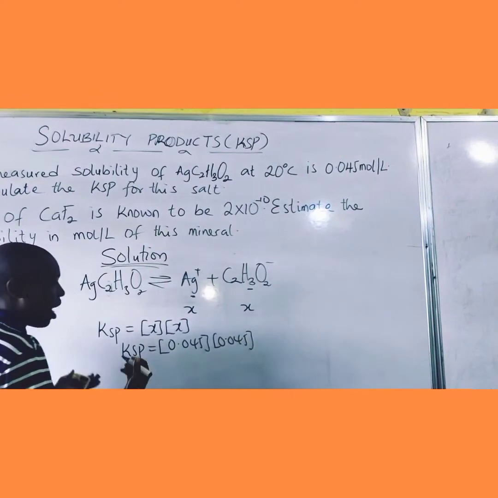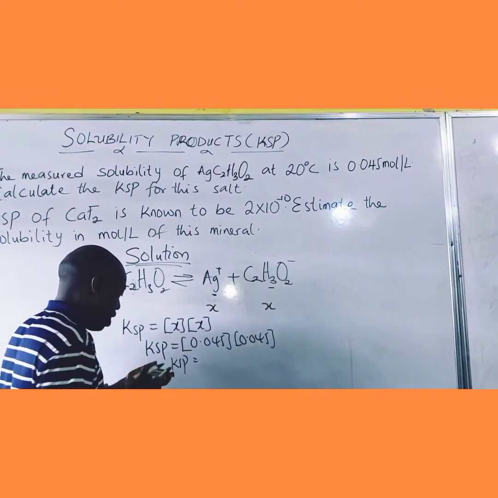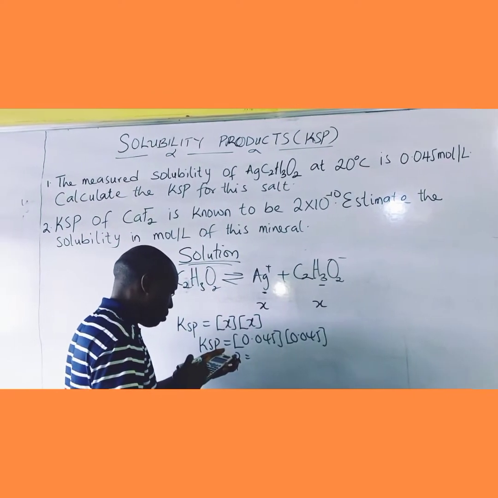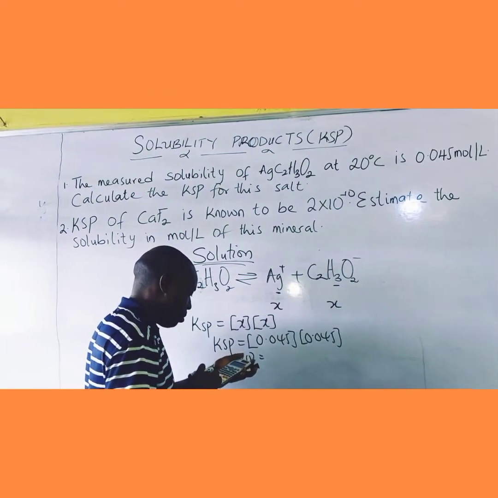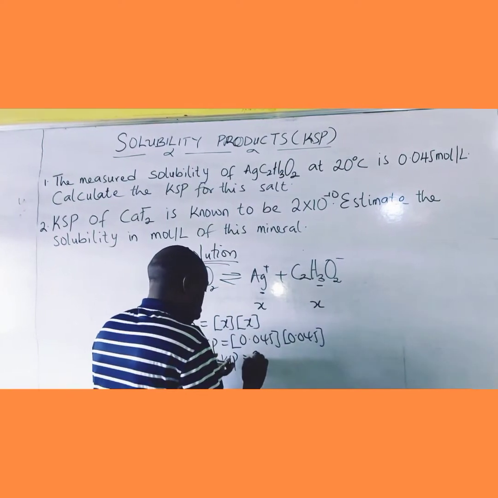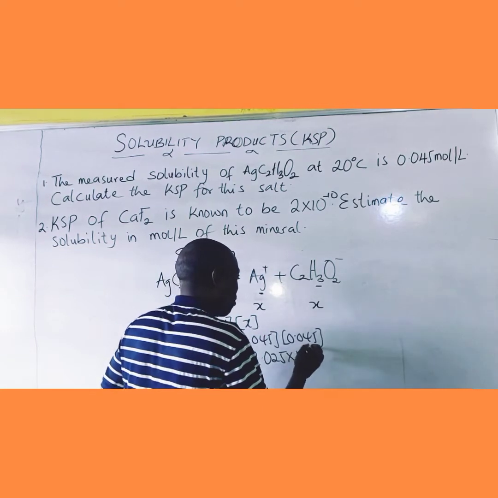So the Ksp is now equal to 2.025 times 10 raised to the power minus 3.